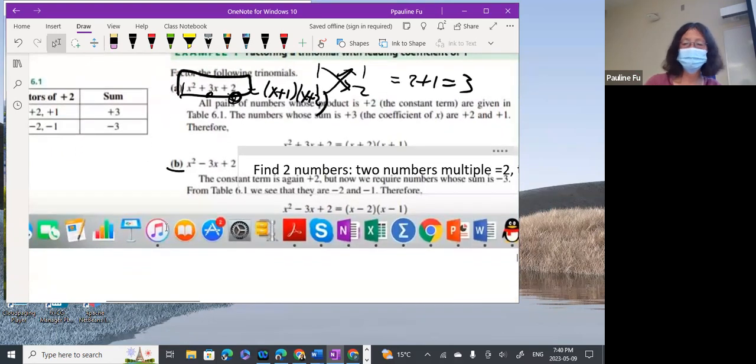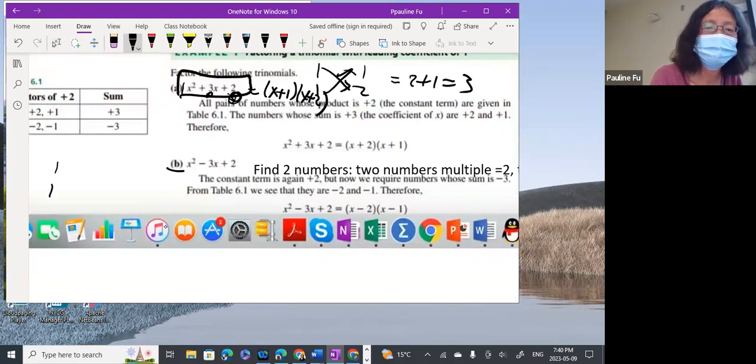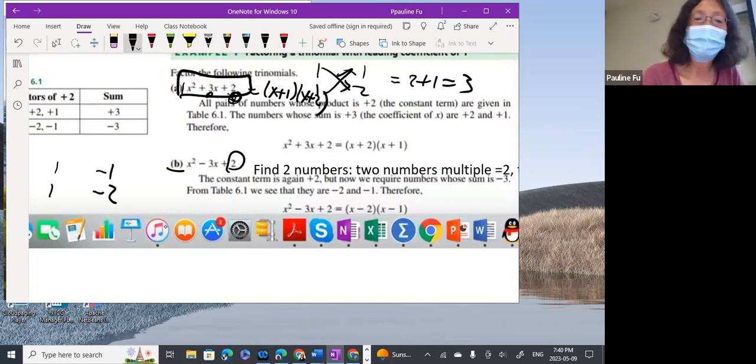So we try to find 2 numbers. These 2 numbers times together is 2. So -1 times -2 is 2. At the same time, these 2 numbers, if you do cross multiplication, equal -3. We found those 2 numbers, -1 and -2.